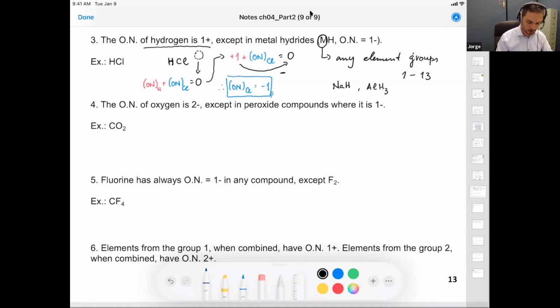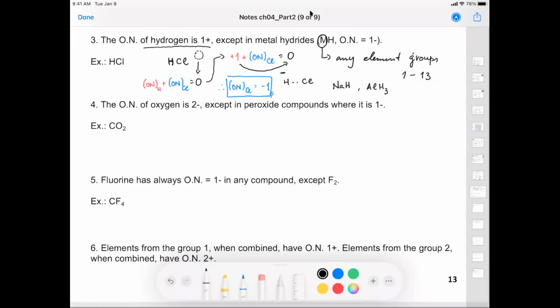Okay, so what's the physical sense of this number? What does this number tell us? Hydrogen chloride is a covalent compound. So that means there is a pair of electrons being shared. And because the oxidation number of chlorine is 1 minus, that means the chlorine gained electrons.